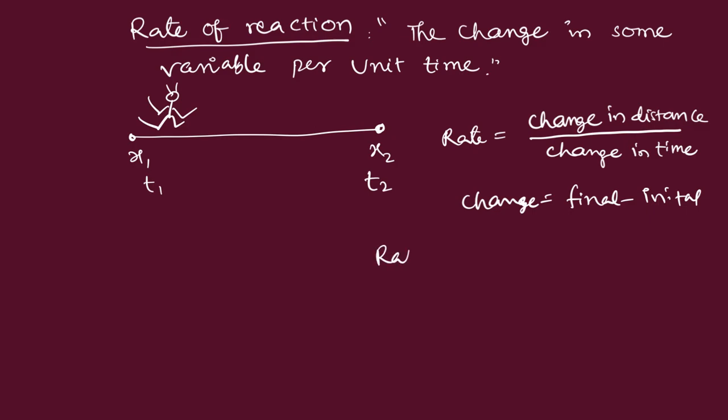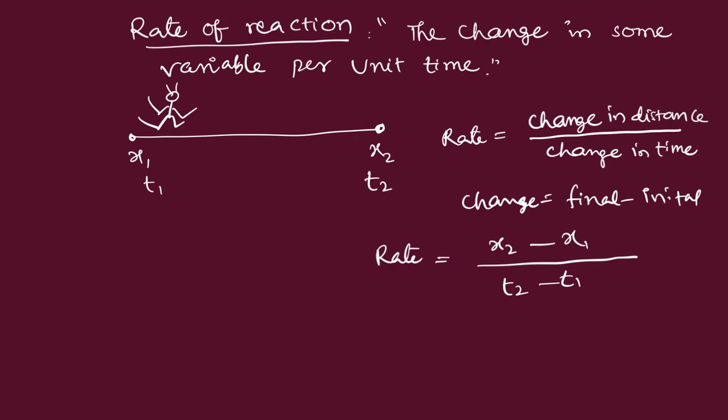Therefore, I can write that rate: the final distance x2 minus initial distance x1, and time is t2 final minus initial. This is called the rate with respect to a person running from starting to ending point.